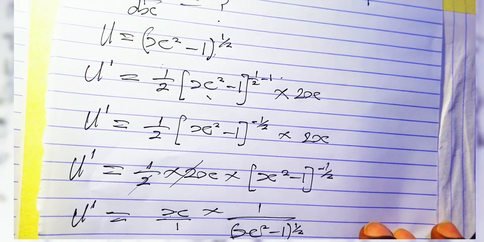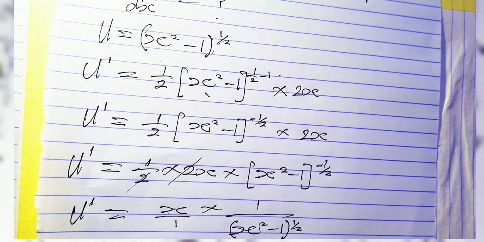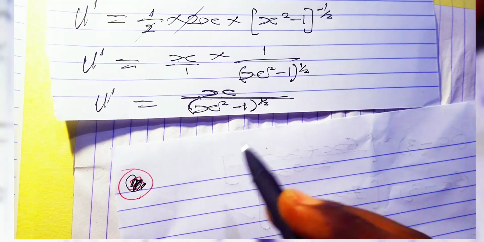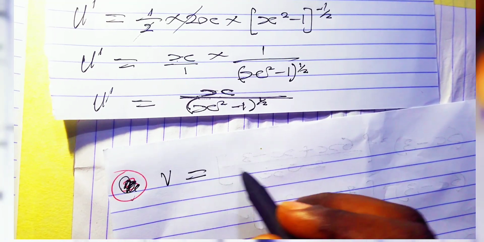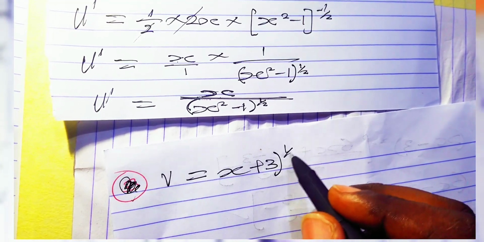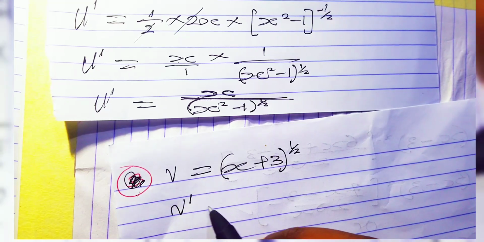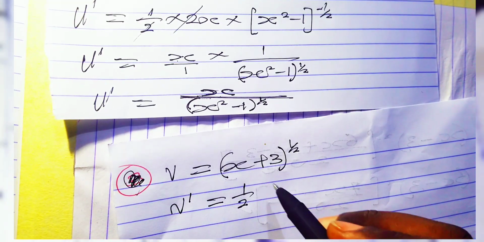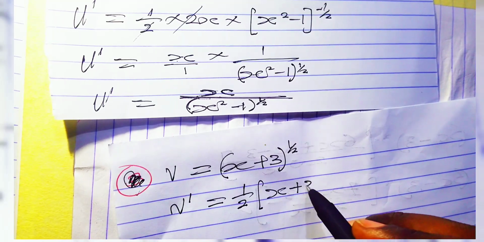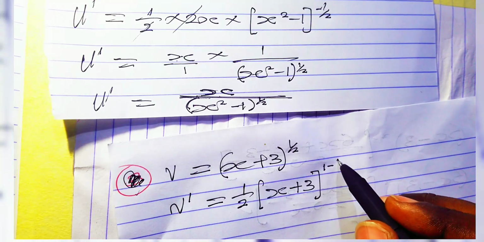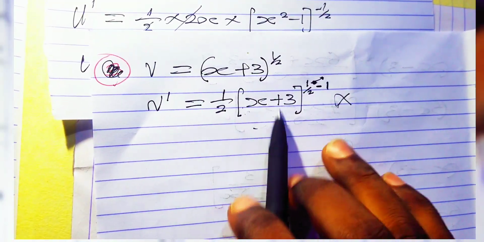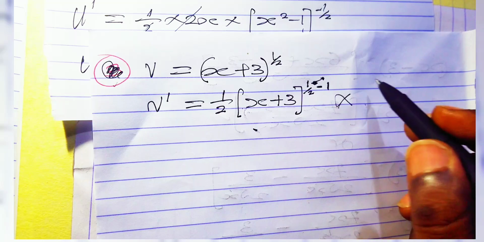So we need to write out the interpretation of v we have there. If u prime is equal to this, then v is equal to x plus 3 raised to the power of 1 over 2, and then v prime is equal to 1 over 2 times x plus 3 raised to the power of 1 over 2 minus 1, then multiplied by the differential value of x plus 3, which, differentiating x, gives 1, and 3 is going to be 0.